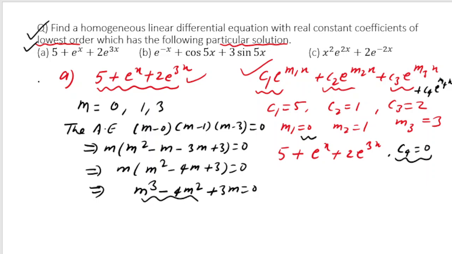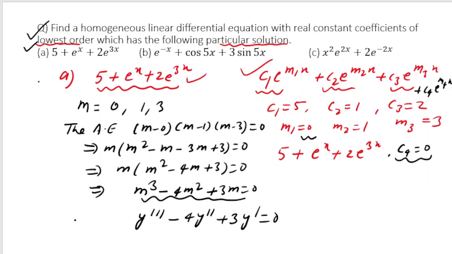So if this is the auxiliary equation, what will be the corresponding differential equation? That will be y triple dash, because third order derivative, minus 4y double dash plus 3y dash is equal to 0. There is no constant term, so there is no y term. So this is how we have got the lowest order linear differential equation.